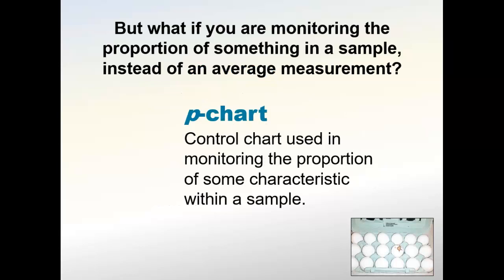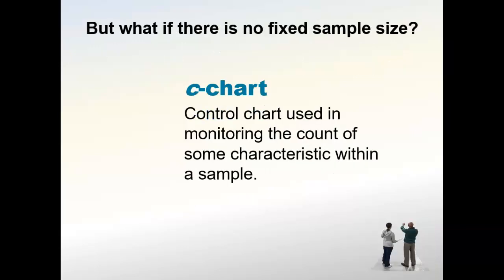And if you are monitoring the proportion of something in a sample instead of an average measurement, a P-chart, which is a control chart used in monitoring the proportion of some characteristic within a sample, may be your best option. And if there is no fixed sample size, a C-chart, which is a control chart used in monitoring the count of some characteristic within a sample, may be your best option.